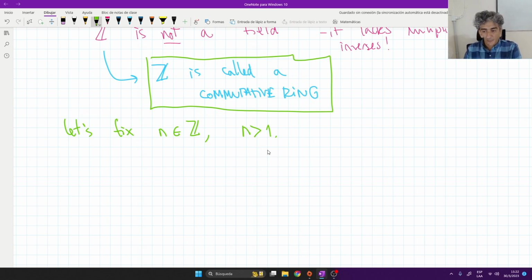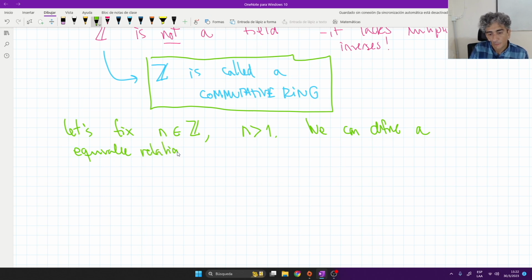We can define an equivalence relation in Z by setting the following rule.